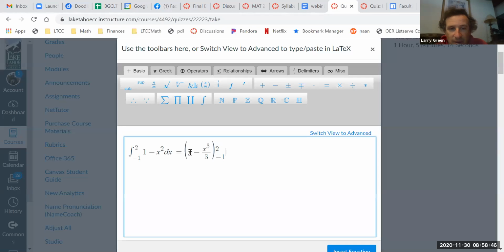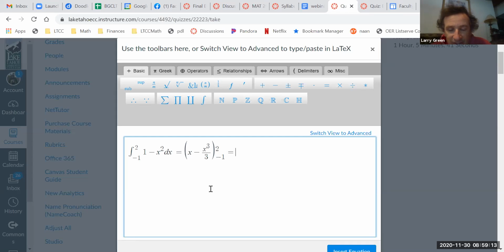So now, do you remember how to deal with the numbers? When we see that -1 on the bottom and the 2 on the top, what is the meaning of that? Yeah, we plug in both of them into the entire equation and subtract the top minus the bottom. So let's plug in 2.